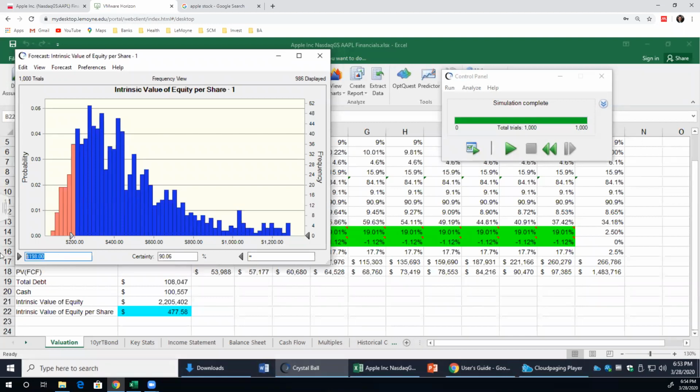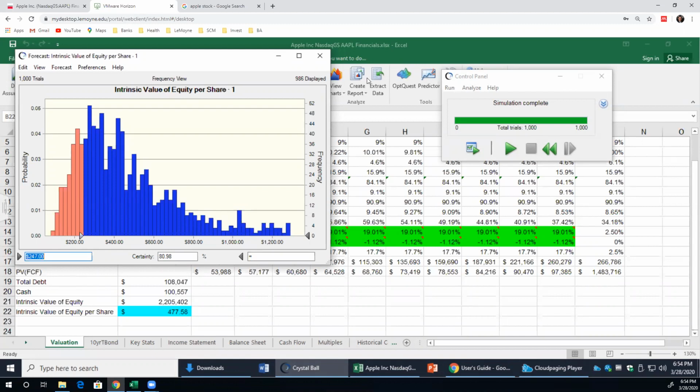If I plug in $247, you can see that the probability that the value of Apple is greater than $247 is 81%. Is it good? I don't think it's bad at this price, but I wish it was around $200 or $198 so that I would have higher confidence about my decision of buying Apple.